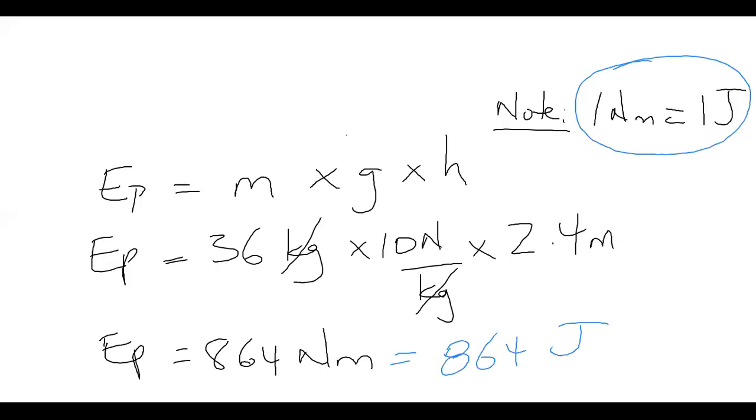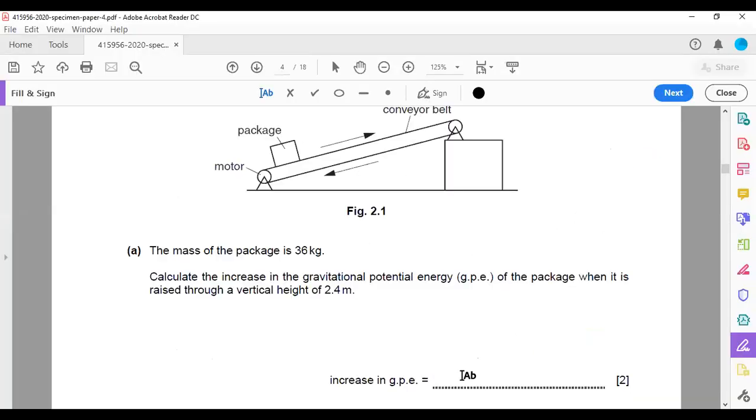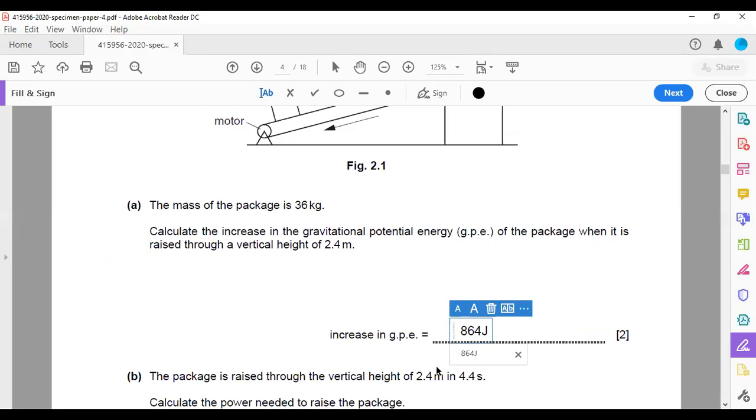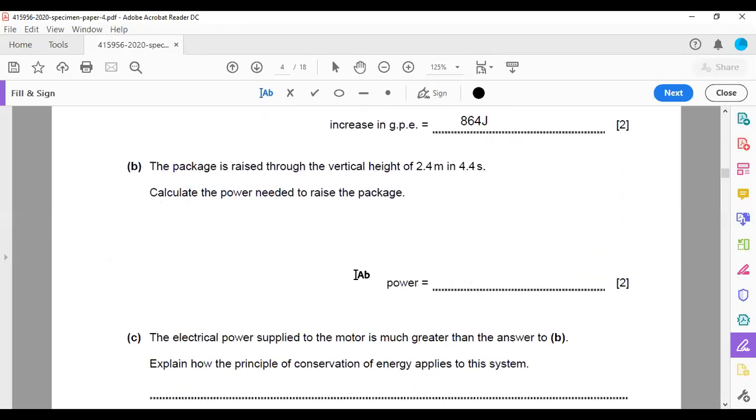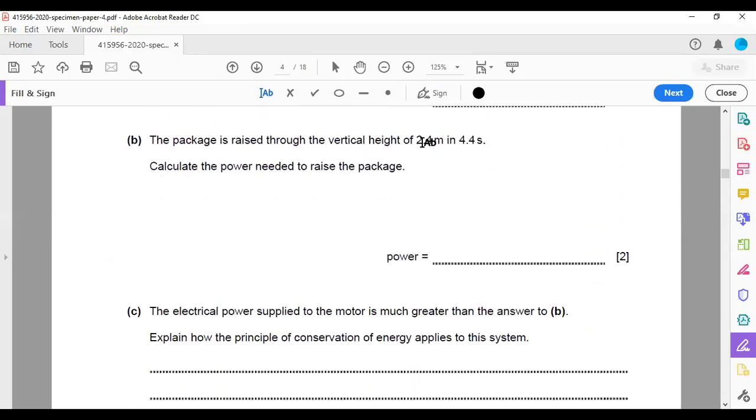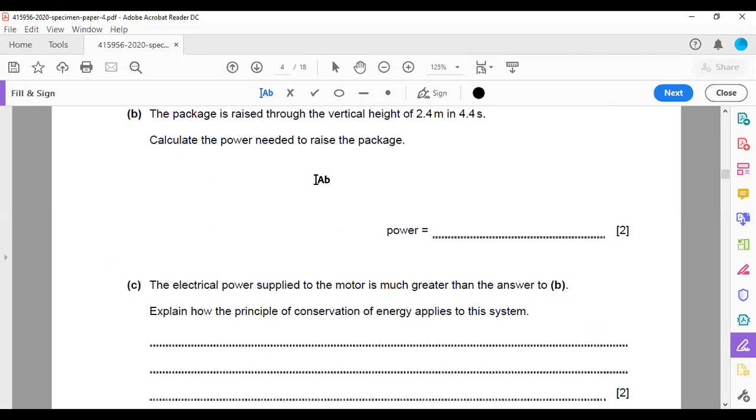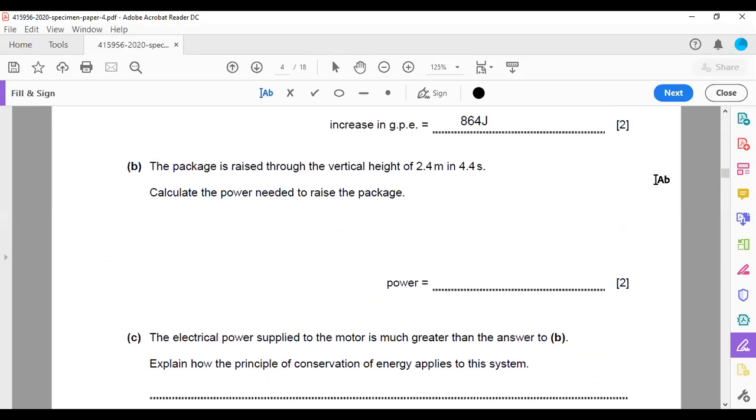Nice. So moving on. Your answer was 864 joules here. They said now the package is raised through the vertical height of 2.4 in 4.4 seconds. Calculate the power required to raise the package. So they now give us something new, which is time.